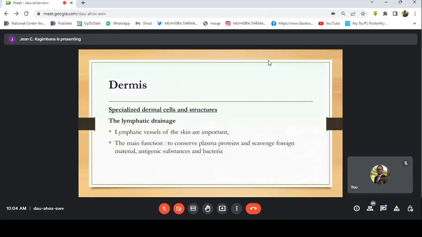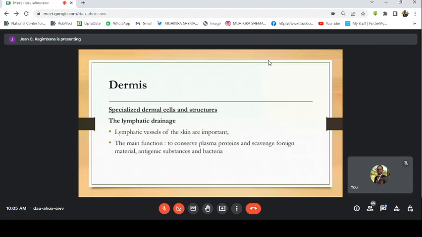Now, we have also the lymphatic drainage, which is present and which is very important. That's why we see in some instances, when the skin is injured, you have this clear liquid that comes out. This is lymphatic liquid, okay? The lymphatics are also vessels, isn't it? Yes.